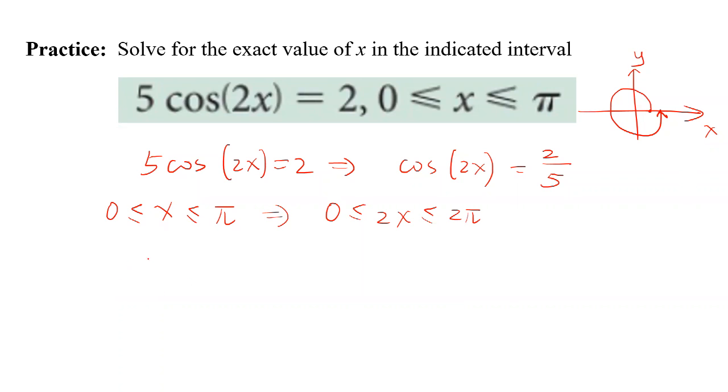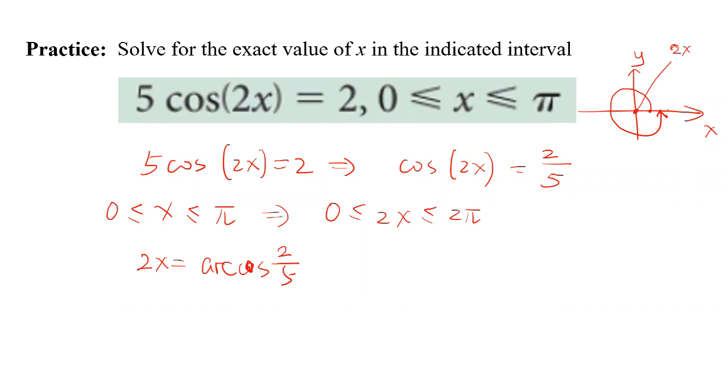Of course, one of these solutions is 2x is just arc cosine 2 over 5, right? This is one of the solutions. For example, this is 2x.